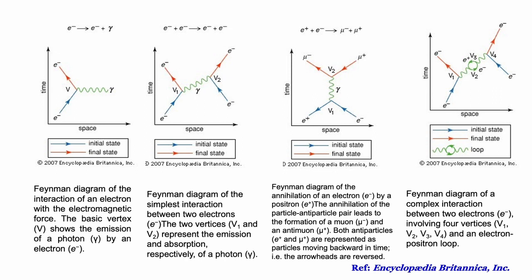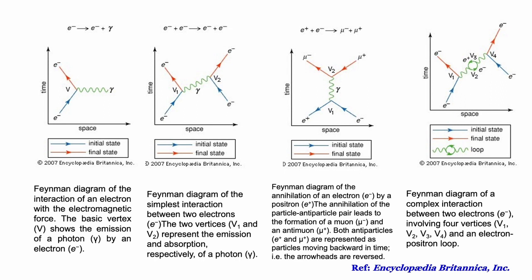In addition, since a given process can be represented by many possible Feynman diagrams, the contribution of every possible diagram must be entered into the calculation of the total probability that a particular process will occur. Comparison of the results of these calculations with experimental measurements have revealed an extraordinary level of accuracy, sometimes with an agreement to 9 significant digits.